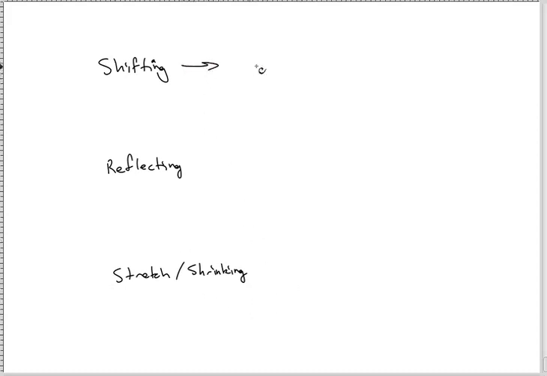So shifting, there's two different types. We have the vertical shifting, and I'll give you examples on all this stuff in a second. Vertical, and we also have horizontal. So vertical mathematically is an f of x plus or minus c on the outside.